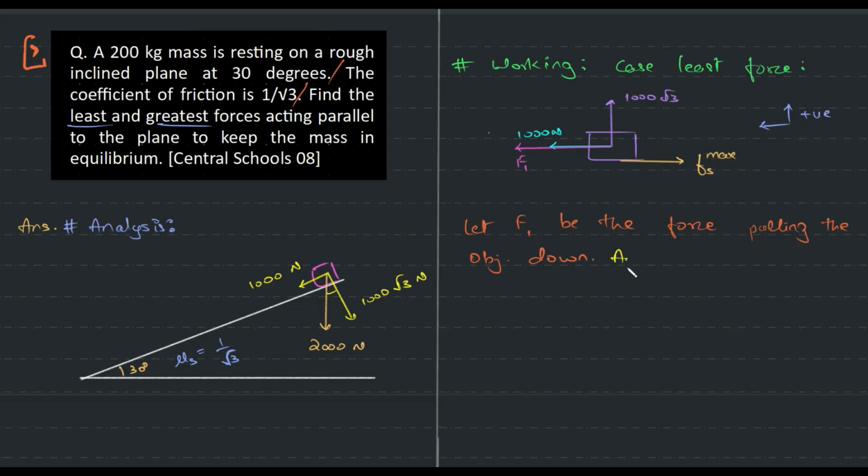Now applying Newton's second law along the slope: F equals m into a. So we have 1000 plus F, resisted by Fs max, and this has to be 0 because the object has to be at rest.